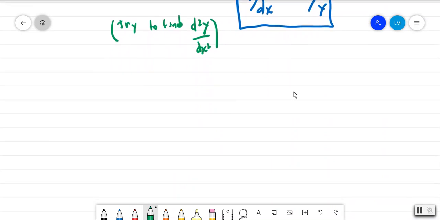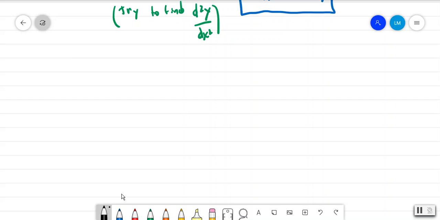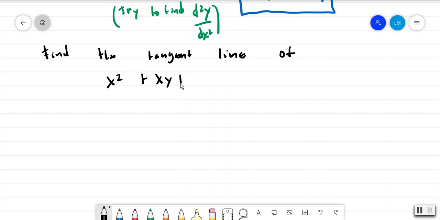Now, let me show you that we can still use the tangent line. Let's say that we want to find the tangent line of x squared plus x times y plus y squared equals 1 at the ordered pair 1 comma 0.